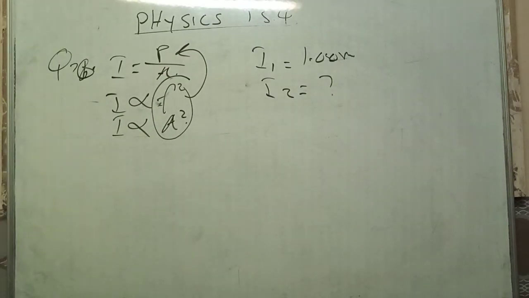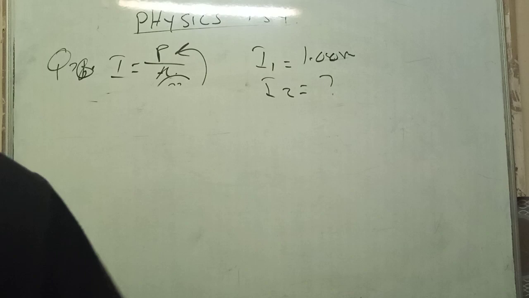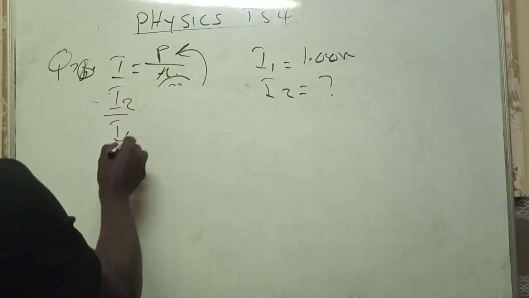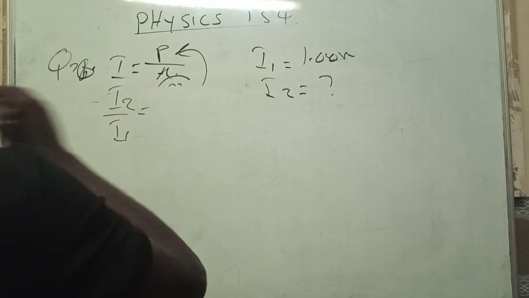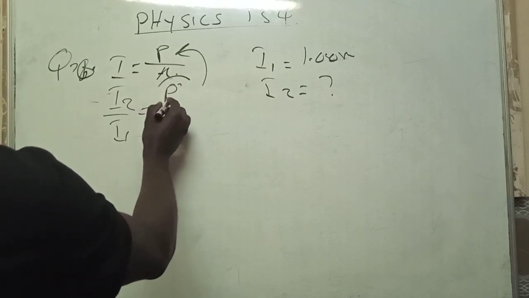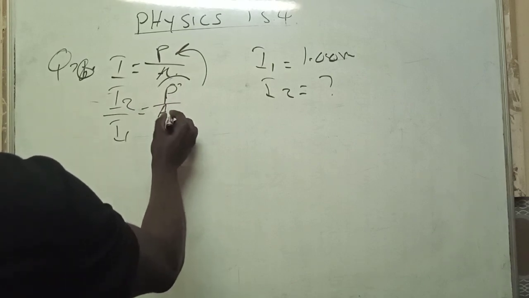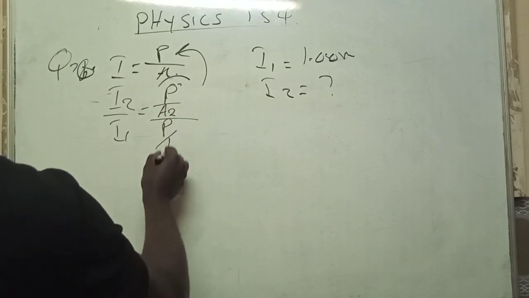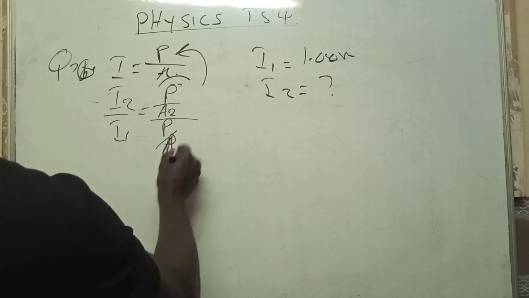Therefore, we can come up with the ratio: intensity 2 over intensity 1 is equal to power over area 2, and again power over area 1.